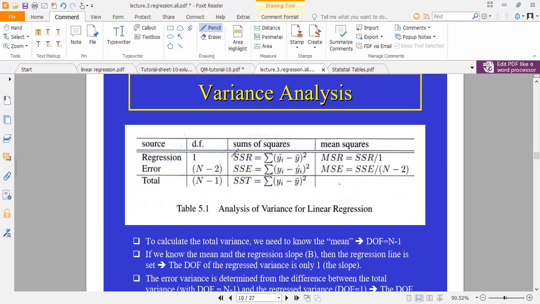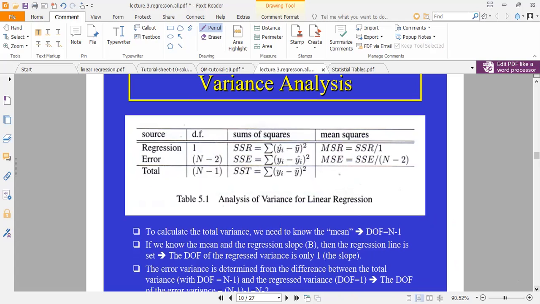When we divide SSR by 1, it gives us MSR. When you divide SSE over n minus 2, it gives you MSE. When you divide the MSR by the MSE, it gives you the F calculated. So we have an analysis of variance under regression that looks like that. I've sent you these notes already on the group.